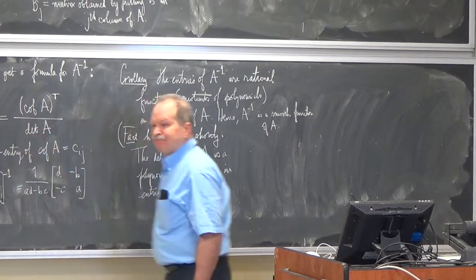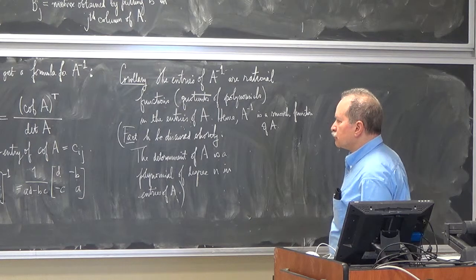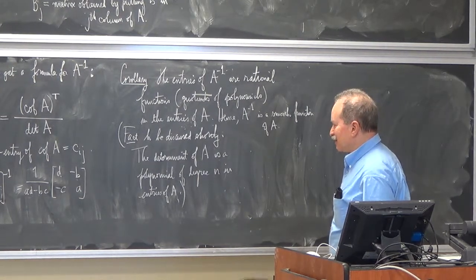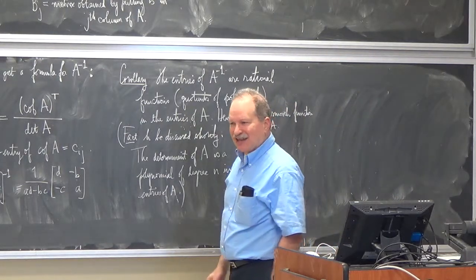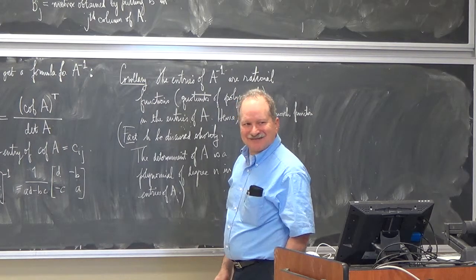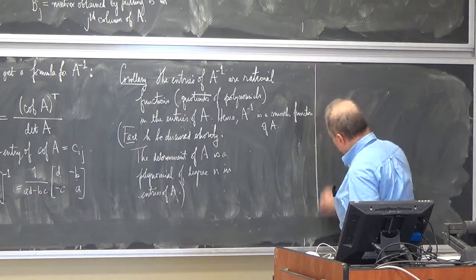Right. So is the given proposition supposed to fall out of Cramer's rule? It is. I think I'm missing it. It's not immediate.